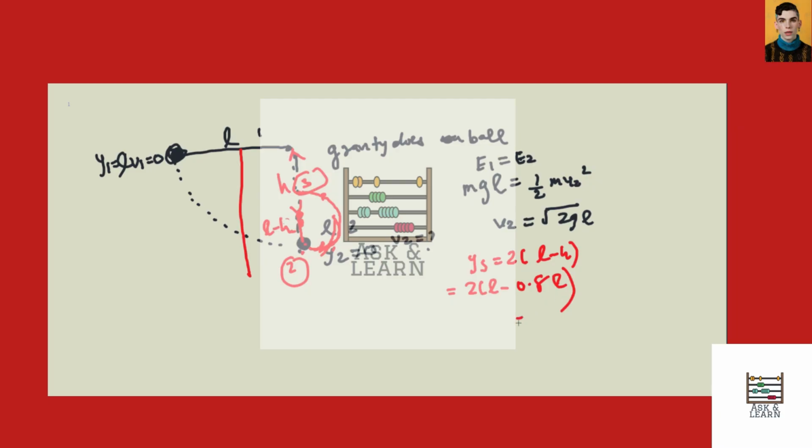If you solve that, you get 2L minus 1.6L, which gives you 0.4L. So that is the y3 location.